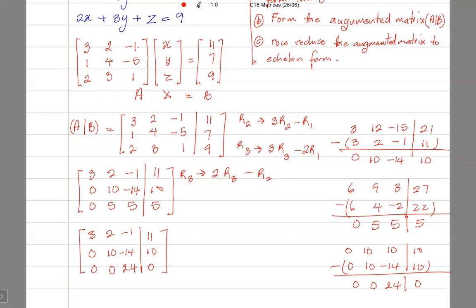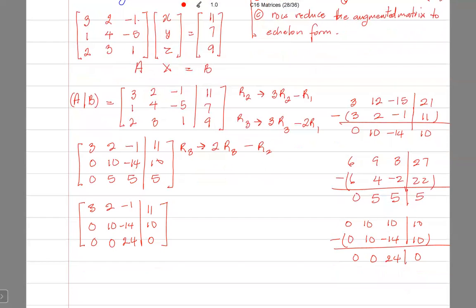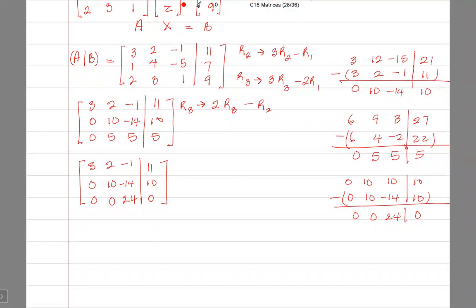All right, so next we're going to get all the leading diagonal elements to be 1. So R1 is going to become 1/3 of R1. R2 is going to become 1/10 of R2. And R3 is going to become 1/24 of R3.